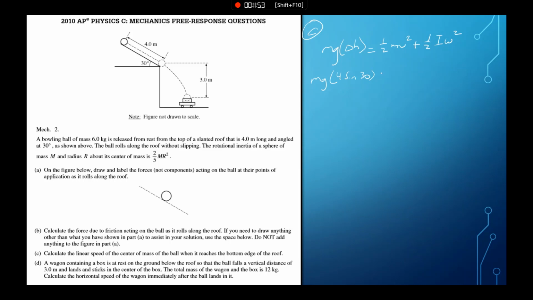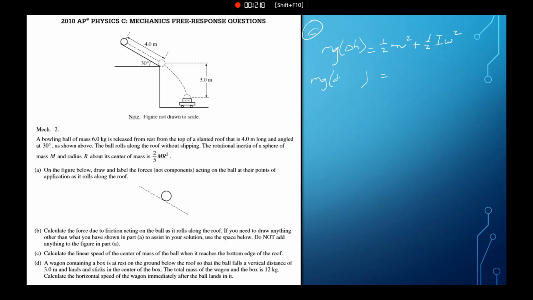Plus half mv squared plus half times 2/5 mr squared, and omega is v over r. Okay, I'm not going to plug numbers in because we're not quite simplified on the right side.